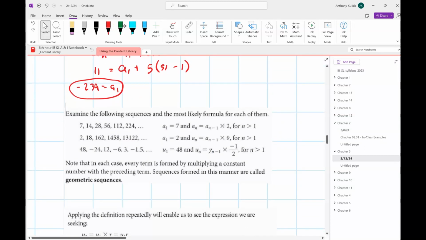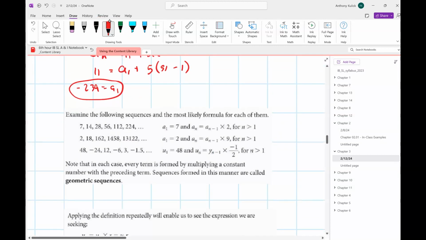The other type of sequence that we're going to talk about is the geometric sequence. Take a look at that series of numbers, 7, 14, 28, 56, 112, 224. What's the pattern going on there? Yeah, multiplying by 2, right?